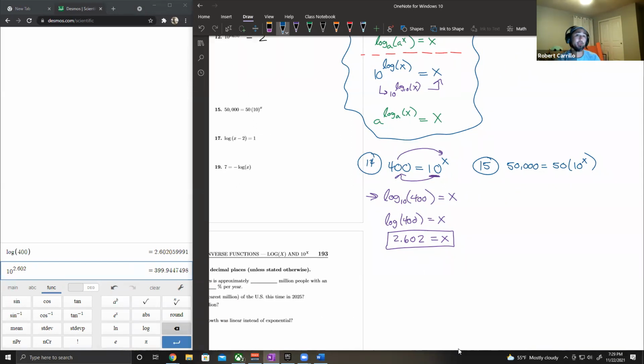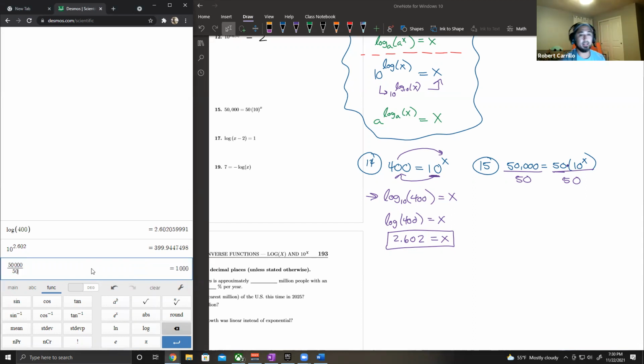But before we convert to a logarithm, we have to get rid of this 50. And the only way to do that is to divide it off. And the reason we divide is because this 50 is connected to this 10 to the x by multiplication. So we'll just divide by 50.